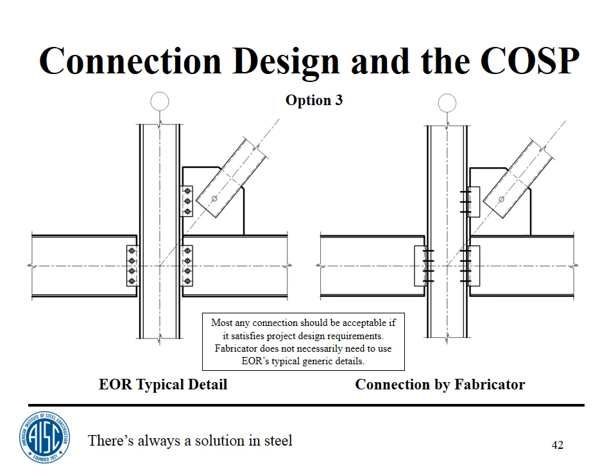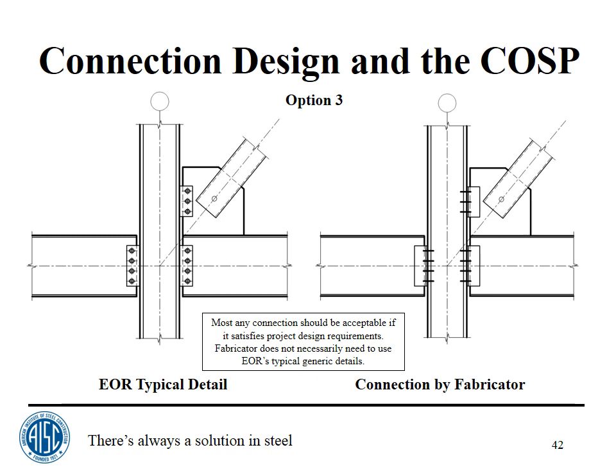This would be kind of what you might see, like the one on the left is maybe the engineer shows shear tabs, shop welded, field bolted, but the fabricator for some reason doesn't like that. He wants to use double angles, which is what you see in the right picture, that are shop welded and field bolted. Or it could go the other way. The engineer might show the one on the right, and the fabricator wants to use the one on the left.